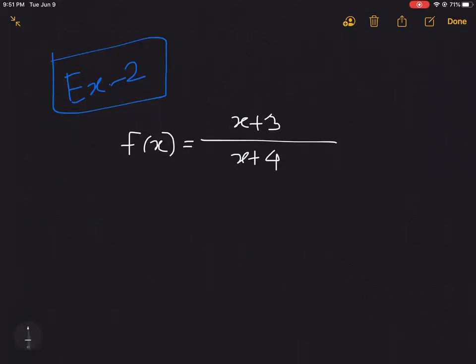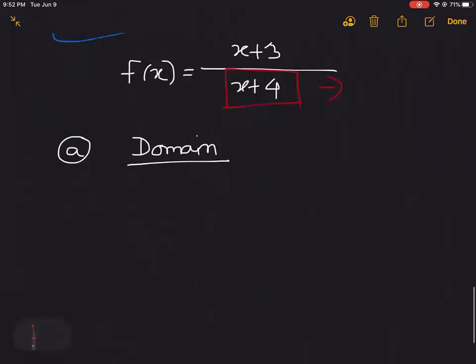Let's see what those are. First of all, we want to find the domain. And if you have seen my previous video, I did say whenever we have a fraction in our hand, we need to set the denominator to 0, solve it for x, and apart from those values for which the denominator is 0, everything else is our domain, right? We'll just exclude the values of x which make this denominator 0. So if we set our denominator to 0 and solve it for x, we'll get x equals -4.